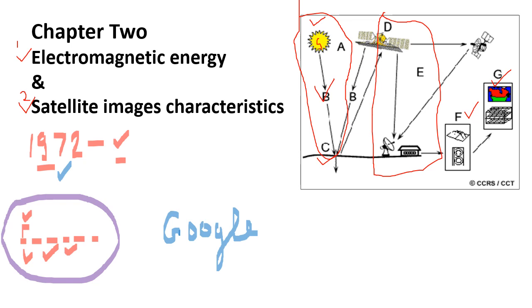In simple language, all these images are now in the store of Google. And this is known as Google Earth Engine. Do not confuse it with Google Earth. Google Earth is a simple platform, but here I'm talking about Google Earth Engine.